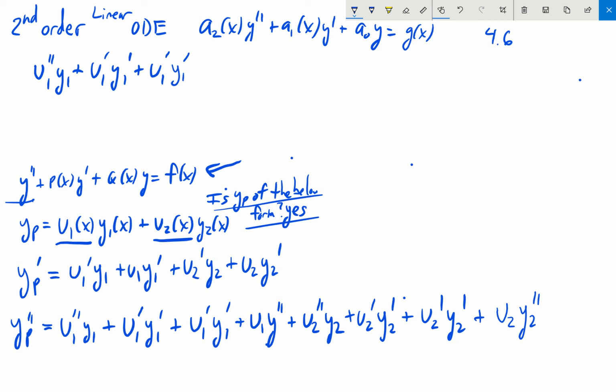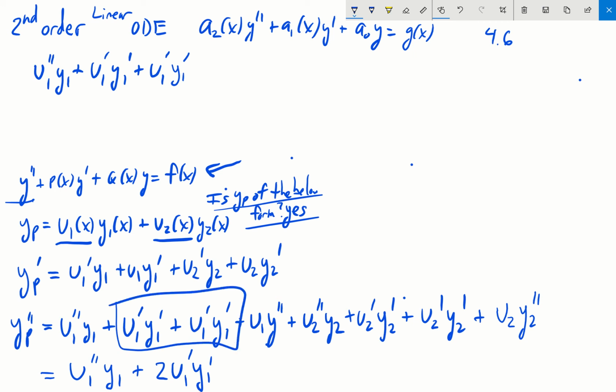I guess maybe we should combine some like terms here. Otherwise it's going to get a little bit unruly. So we have u1 double prime y1 plus 2 u1 prime y1 prime, combining these two like terms.